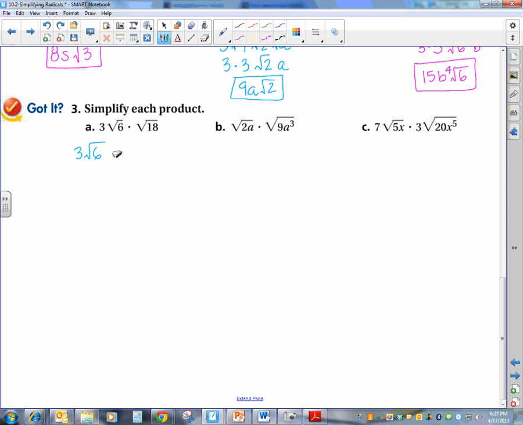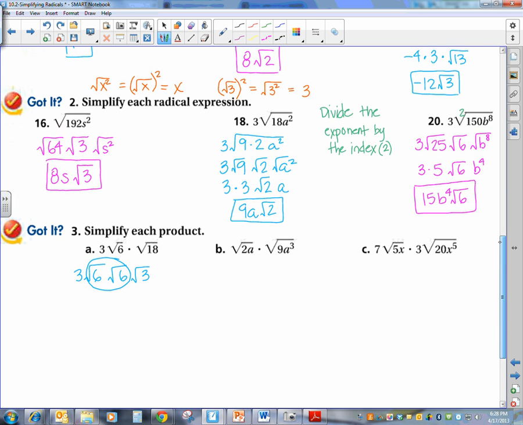again. So you're in better shape recognizing if you have a 6 here, see if 6 goes into 18, which it does. And now that I have a pair, this is that same thing we've been talking about. What I'm showing is the square root of x squared is x.